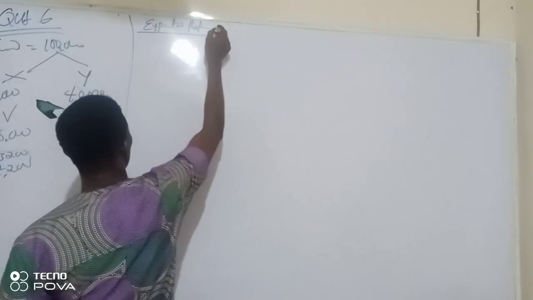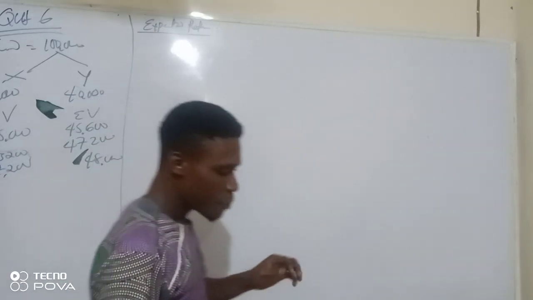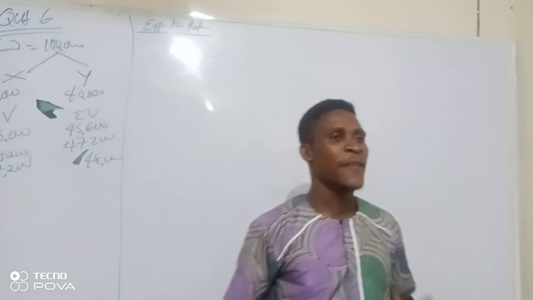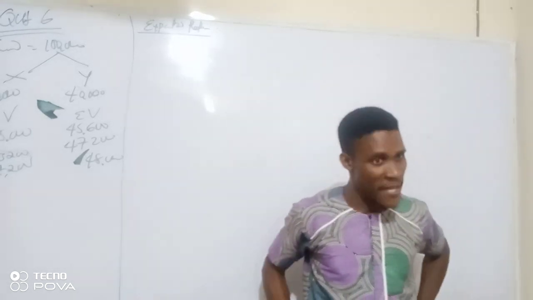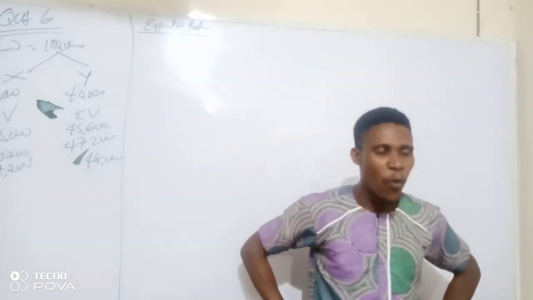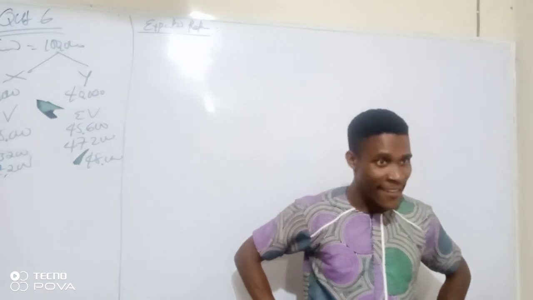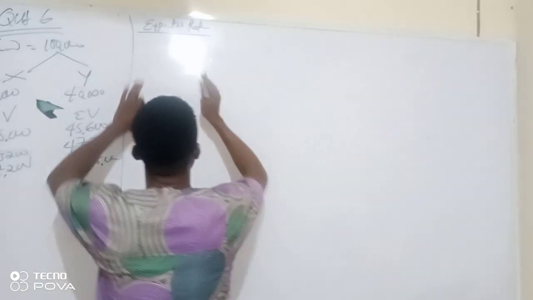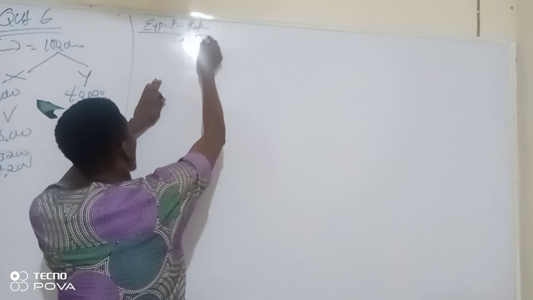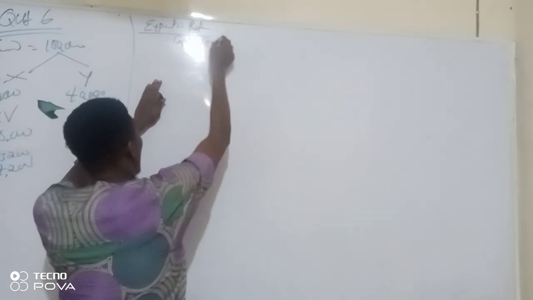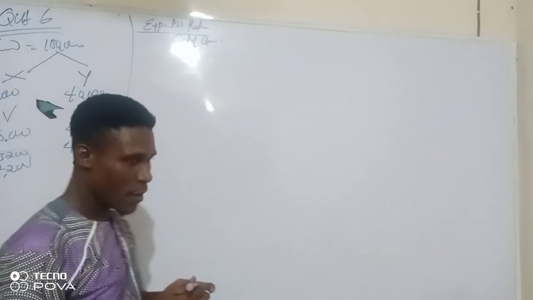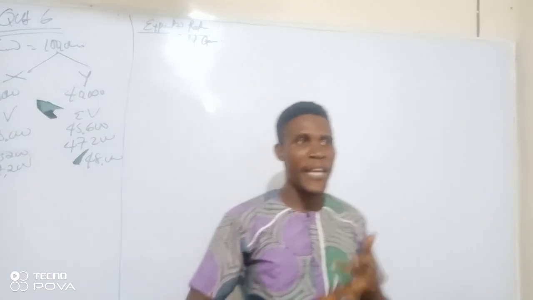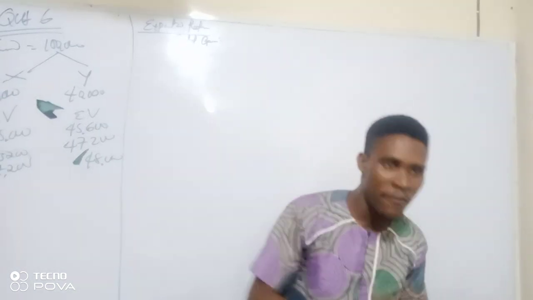Please, you have to be very careful. The return here is not given to us expressly, but we are going to use the concept of capital gain to get our returns. Capital gain is the end value minus the beginning value, divided by the beginning value.